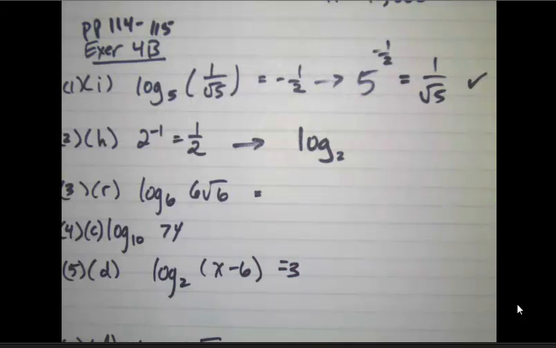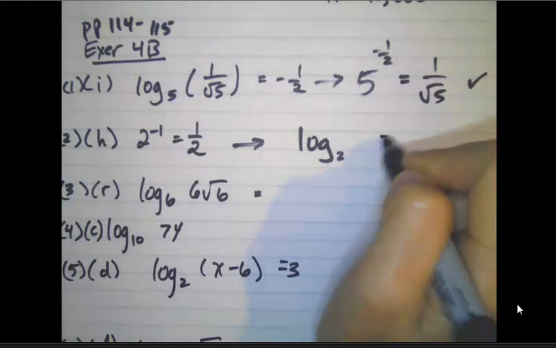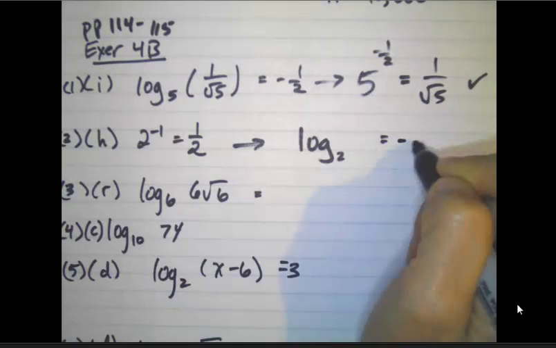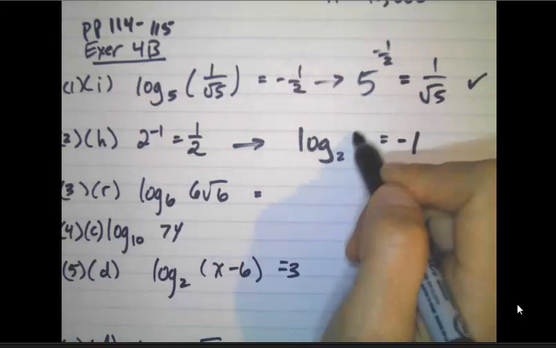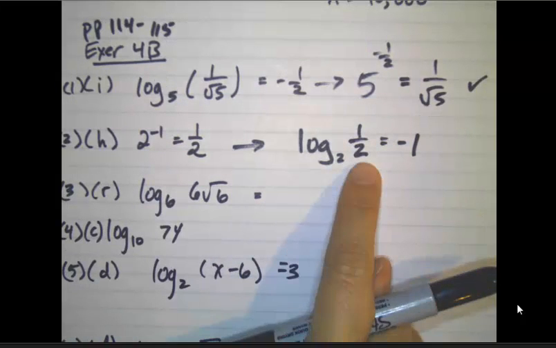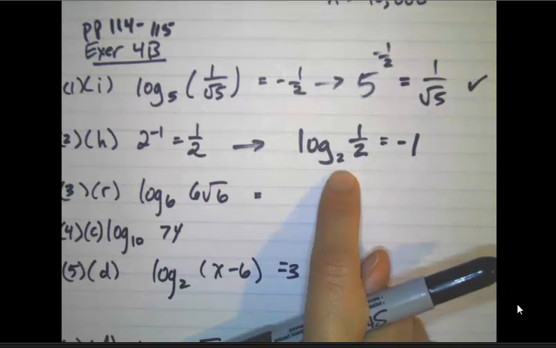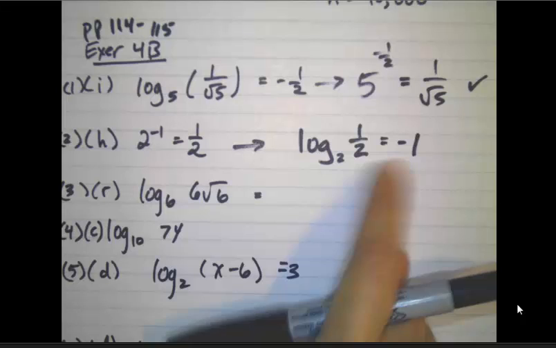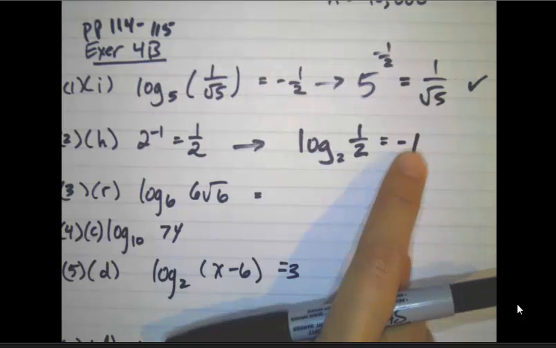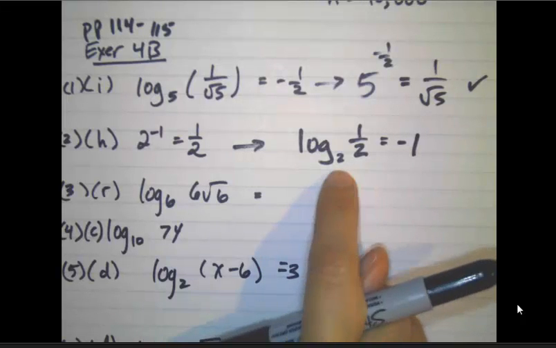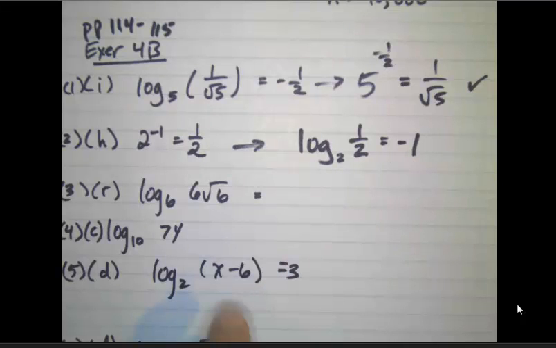And then the exponent is going to be what the answer is. And therefore, the 1/2 is the number for which you're trying to figure out what the exponent is if the base is 2. So what number is 2 raised by to get 1/2? And that's 2 to the negative 1 equals 1/2.